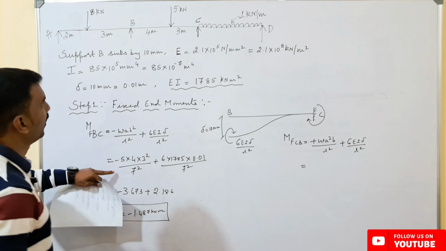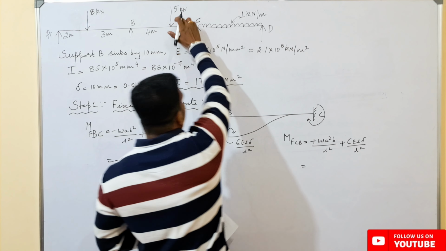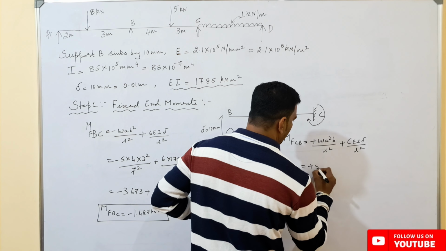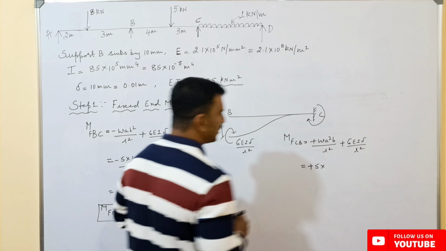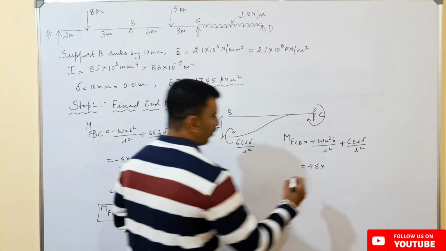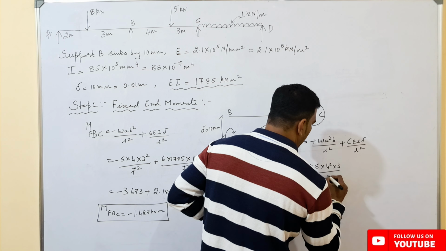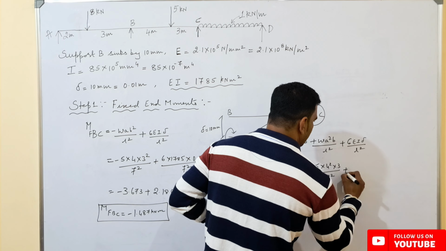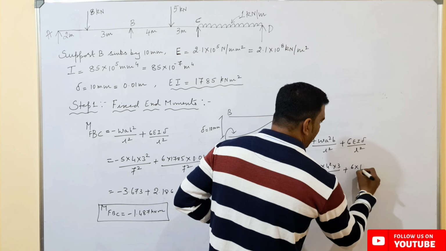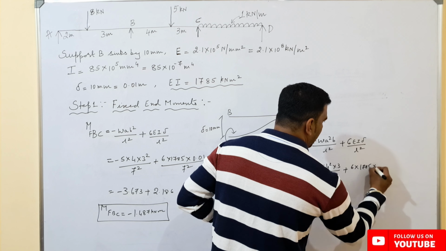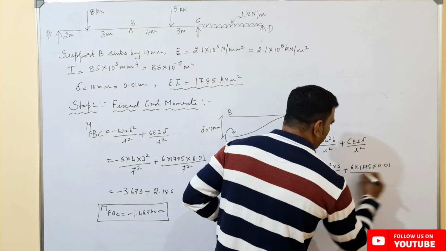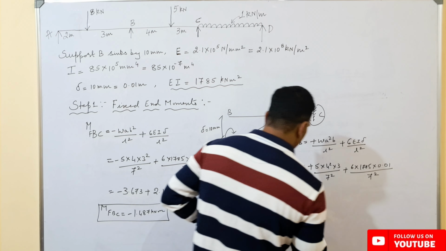So here W is plus 5 and the distance A is 4. So 4 square into 3 upon 7 square, and 6 into EI value, 1785, into delta value 0.01, upon L square.